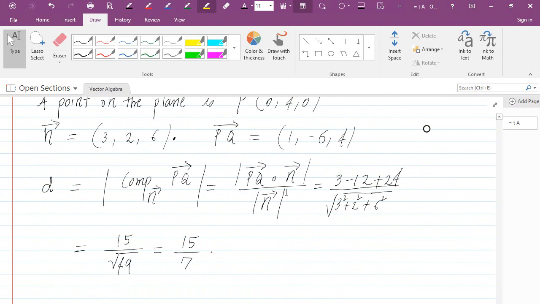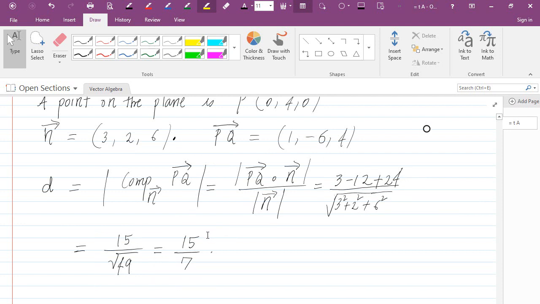And then the dot product here would be 3 times 1 is 3, minus 12 plus 24, divided by the length of n, which would be the square root of 3 squared plus 2 squared plus 6 squared. We get 15 in the numerator, and then root of 49 in the denominator. Root of 49 is 7, so we get 15 over 7 at the end.